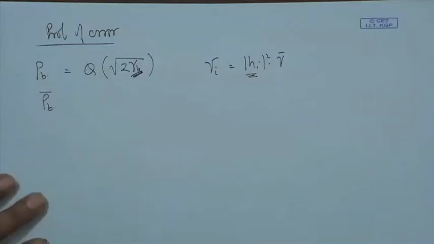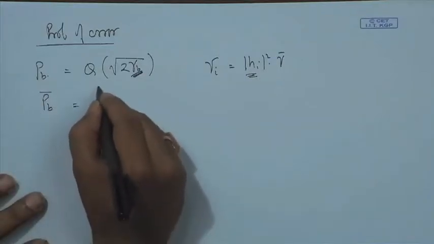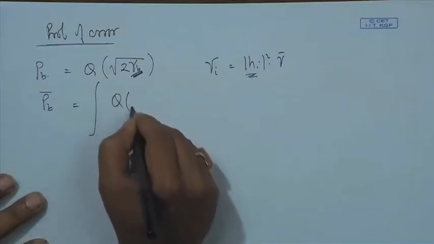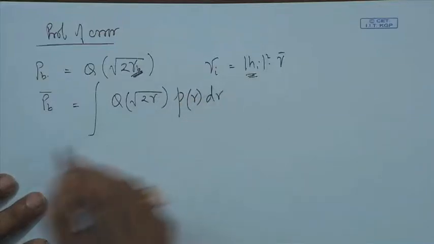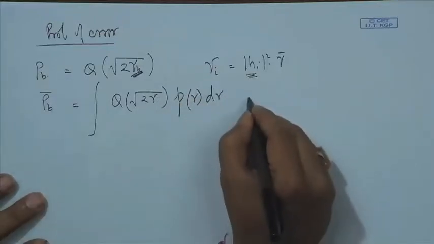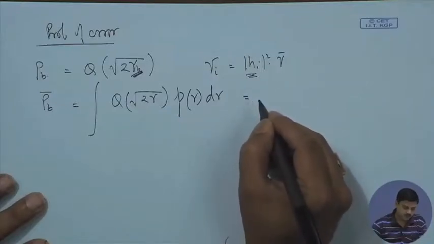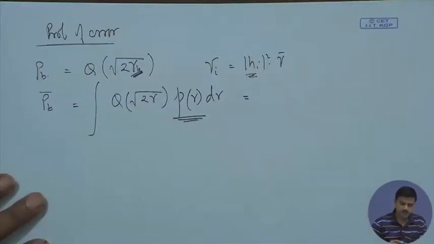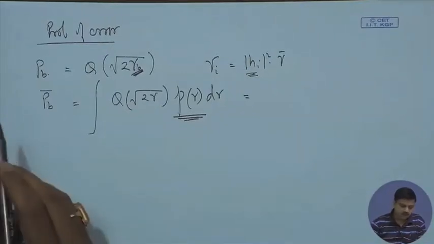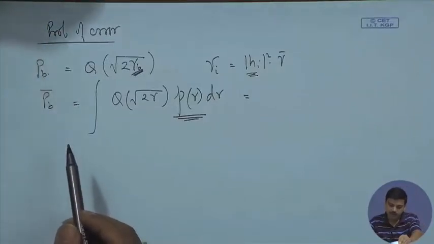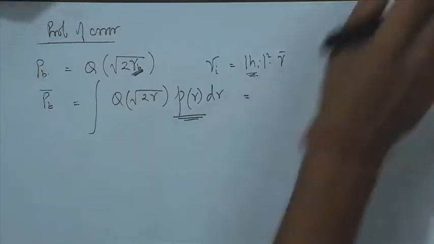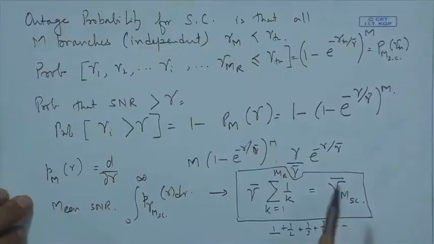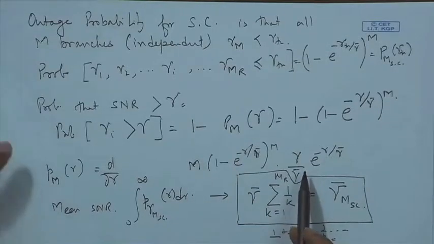So we have to get the average SNR. To get the average, we have to average the error probability with p of gamma d gamma. This is very, very important. When you do this, the error probability that you get by using this P_M is pretty complicated, because of the expression we have already seen before, and it's not very easy to get through analytical techniques.